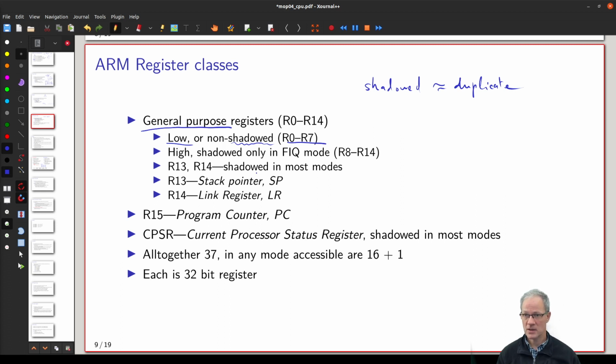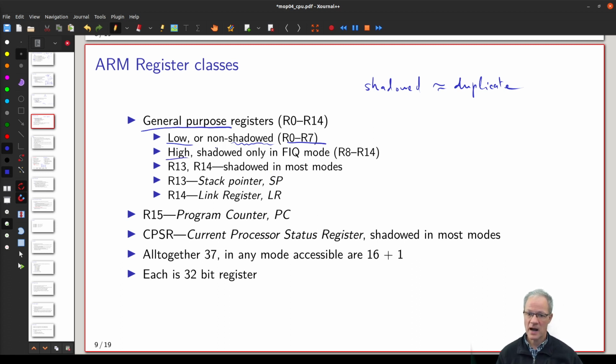Sometimes it's convenient because when you call a subroutine, for example, that does the interrupt processing, you do not want to waste the time to save the old value of the register, then use that register in the subroutine function, and then to restore the value. That saving and restoring takes time. So you could save that by having just a shadow register, and you use the shadow register instead of the original when you do this subroutine.